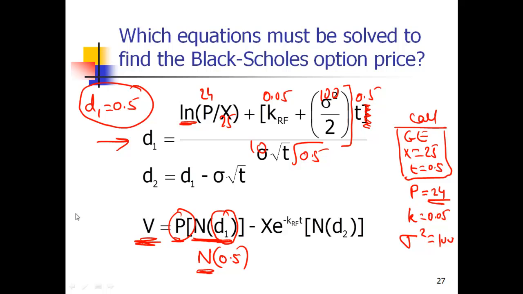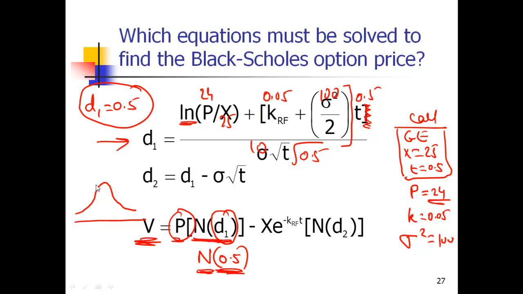Does that ring a bell? What's another name for a normal distribution? It's also called a bell-shaped distribution. So what does this represent? The total area under this normal distribution is 1. So the 0.5 is the z value.